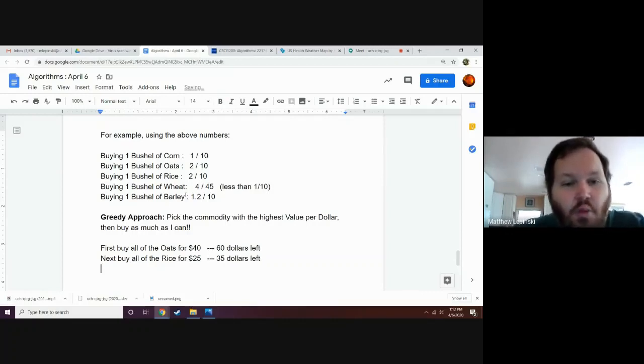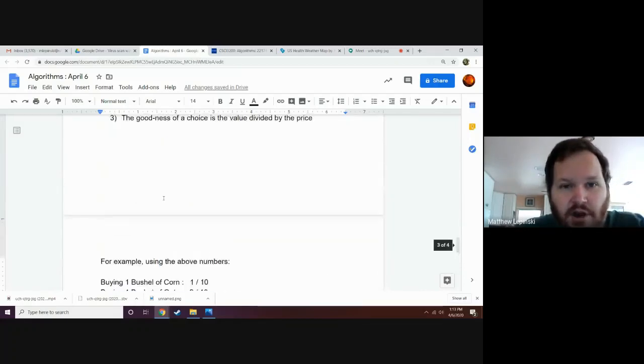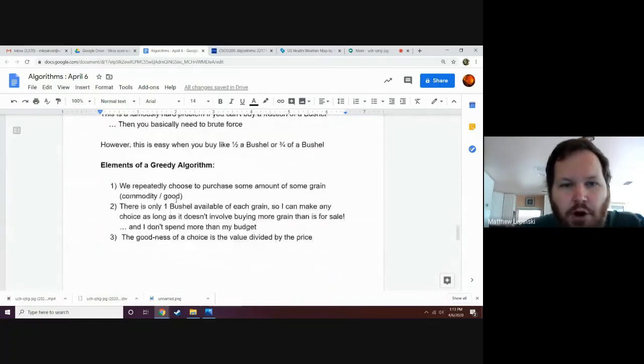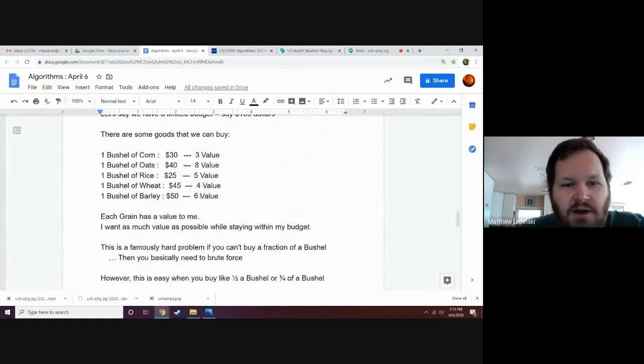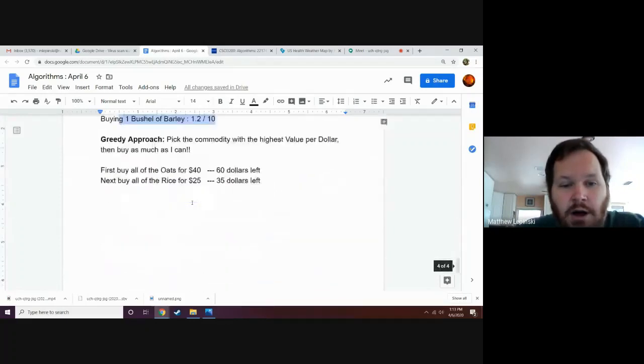So then what is the best good that I have? I've bought all the oats, I've bought all the rice. The next good is going to be barley. Barley was 6 value for $50. I don't have $50.